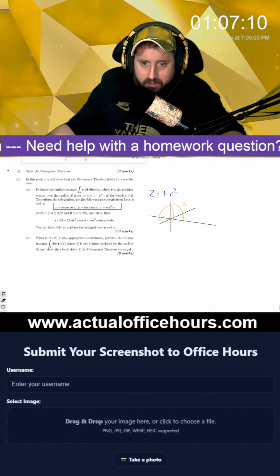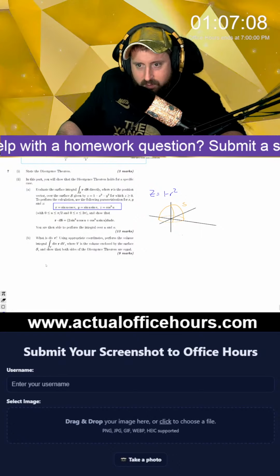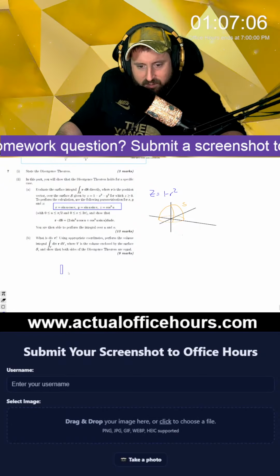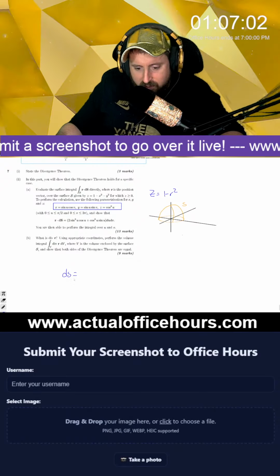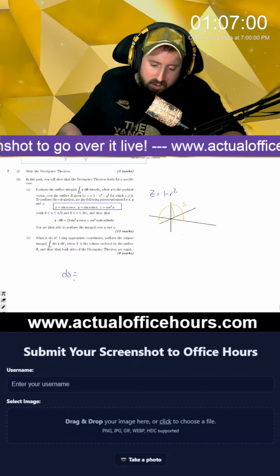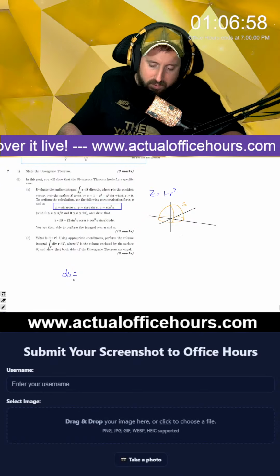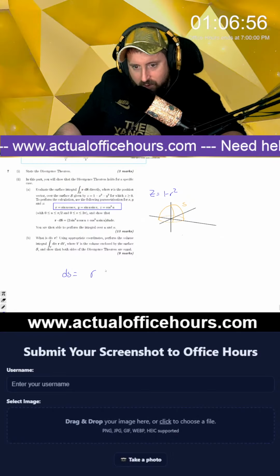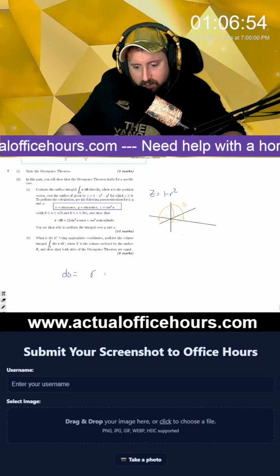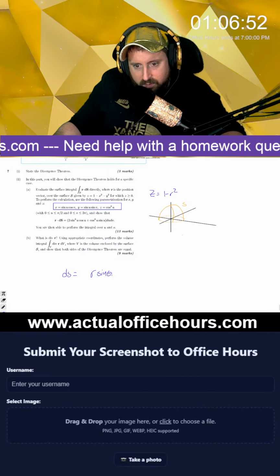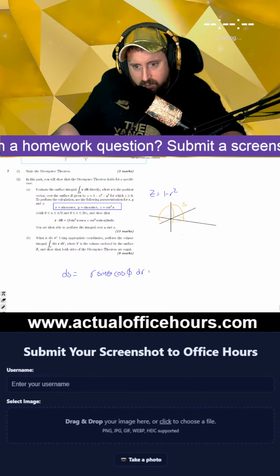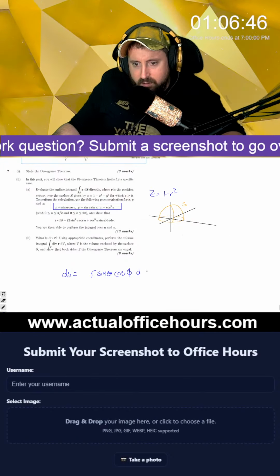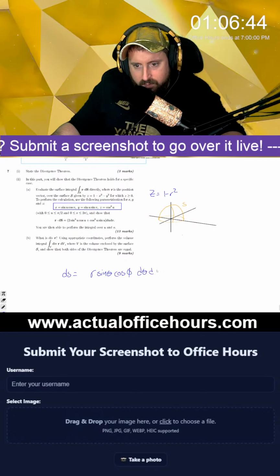Oh, I think I see what's happening. Wait a minute. So, dS in spherical coordinates is going to be r sine theta cosine phi d theta d phi, right?